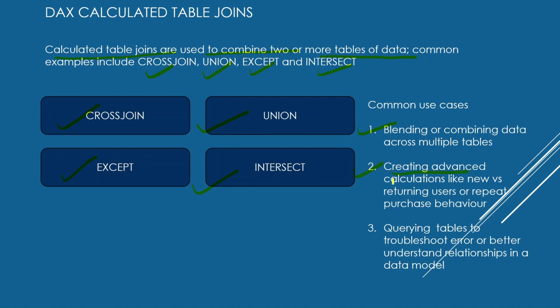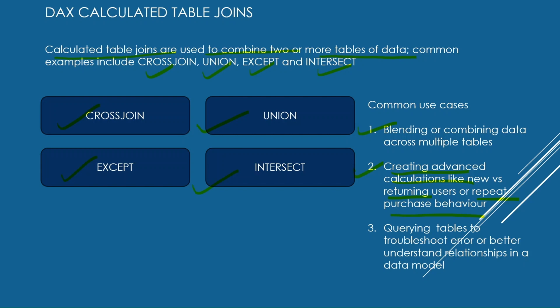The second use case is creating advanced calculations like new user, returning user, repeat purchase, and behavior. Whenever we are doing advanced calculations, for instance in the retail domain, most of the time we are calculating what are the new users in a particular period, what are the returning users in a particular period in a particular store.